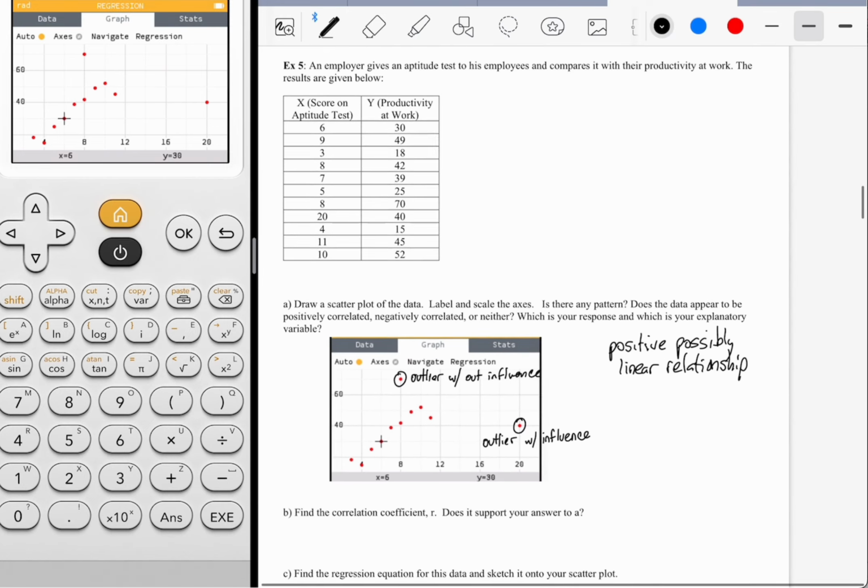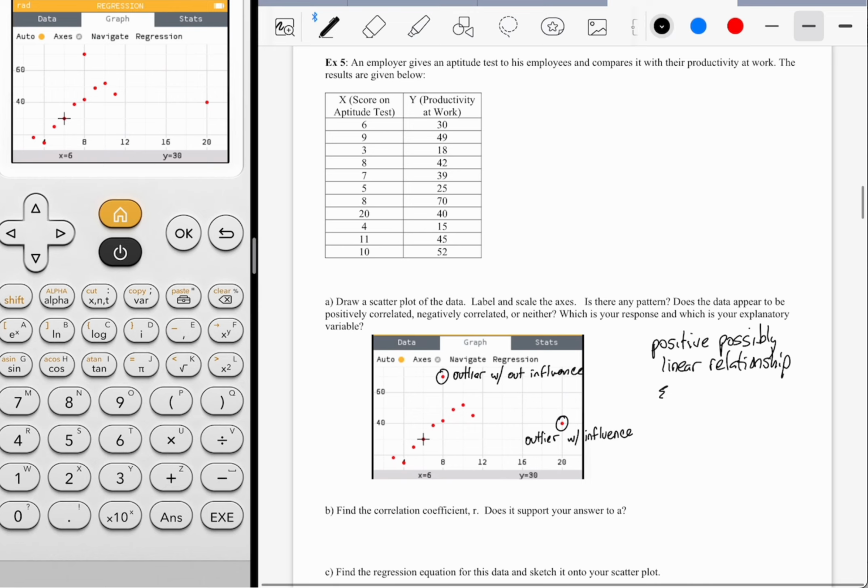Explanatory, response, that requires us to read the question, I guess. The explanatory. Right, we'd have an aptitude test and then productivity at work. Well, I'd like to think that if there's a test related to the aptitude of an individual associated with this particular job, that should lead to productivity at work.